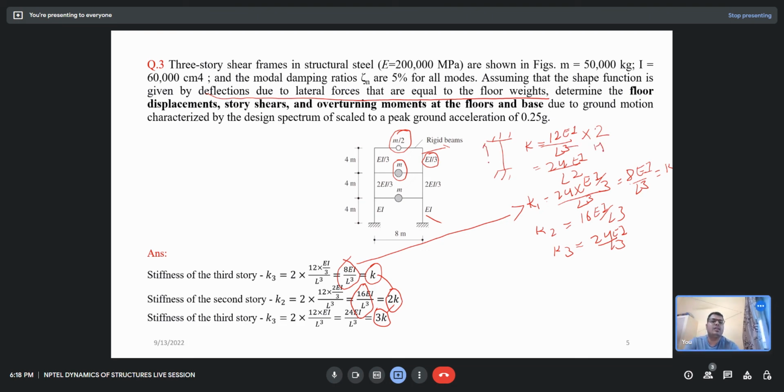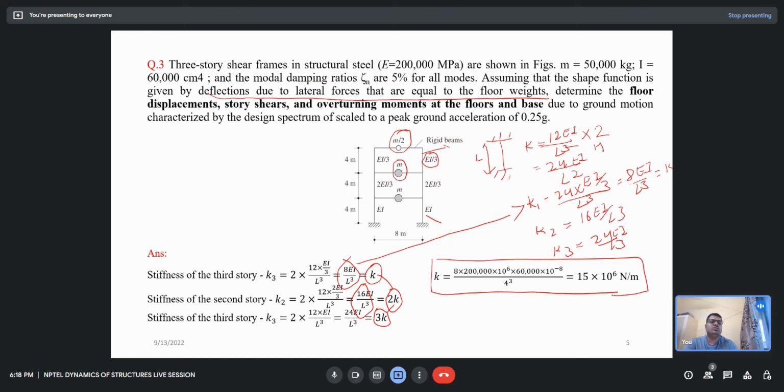This is my L. Okay. So if I put this, I can find out my K. So K value is 15 into 10 raised to power 6 Newton per meter. So now using this, I can say stiffness of this is K, overall this is 2K, this is 3K, and that value I will put later.